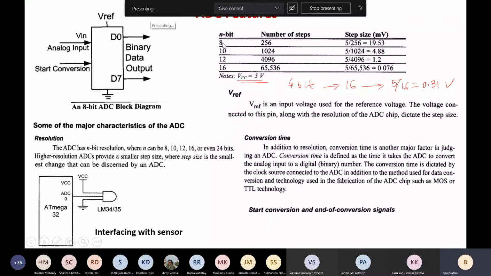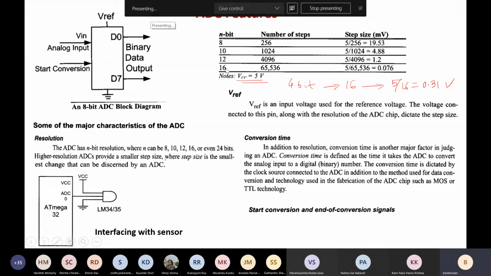But if you consider 8-bit, then that will correspond to 2 to the power 8, that is 256 steps or 256 levels, right? So each level will correspond to how much voltage? If we consider 5 volt as the reference, 5 by 256 is 19.5 millivolt. If you increase the bits from 8 to 10, your step size will reduce further.